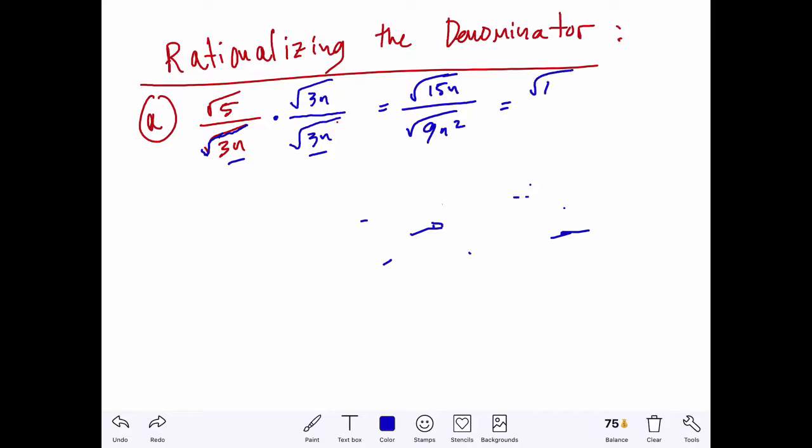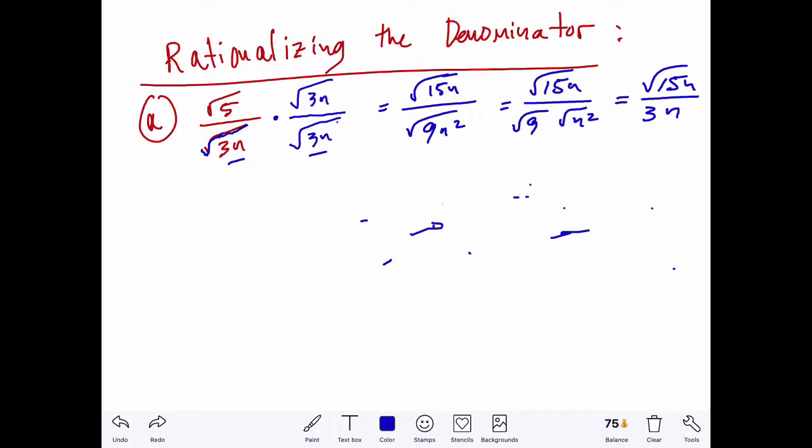Well, that's the same as the root of 15n over the root of 9 times the root of n squared, what we just practiced. Okay, so that'd be the root of 15n over the square root of 9 is 3, and the square root of n squared is n.